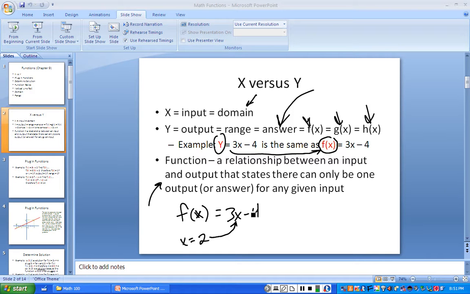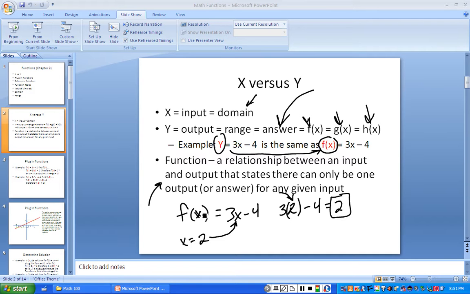So instead of 3x minus 4, I have 3 times 2 minus 4. The x has been replaced by 2. So 3 times 2 is 6, 6 minus 4 equals 2. So my answer would be 2.